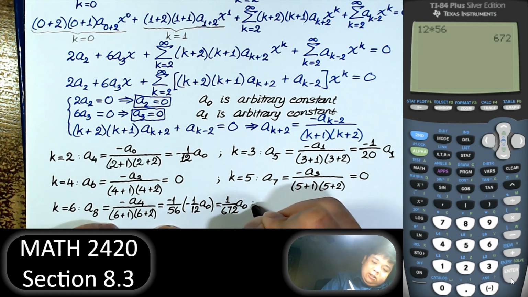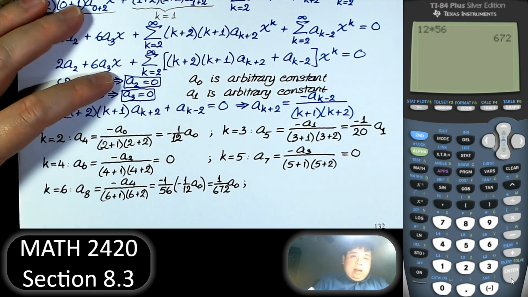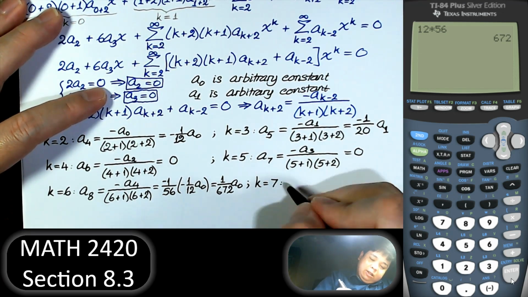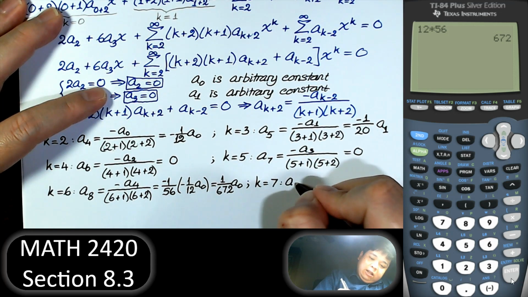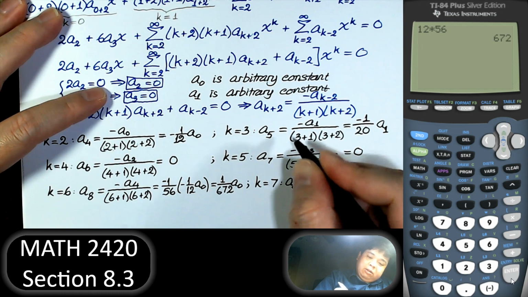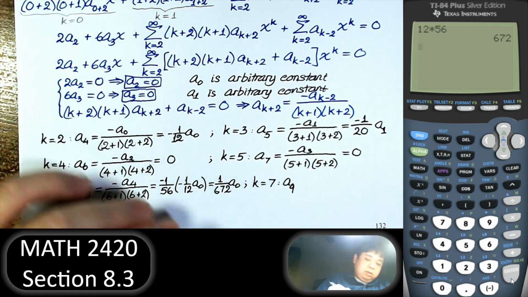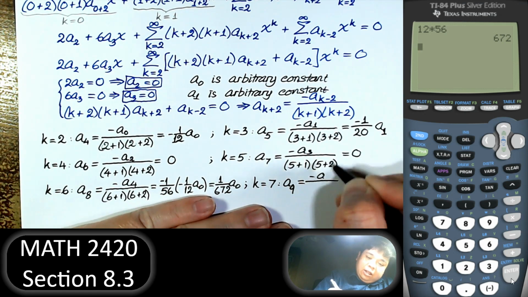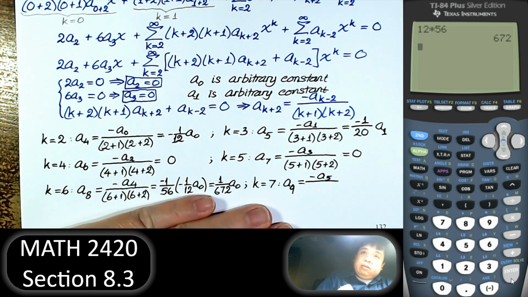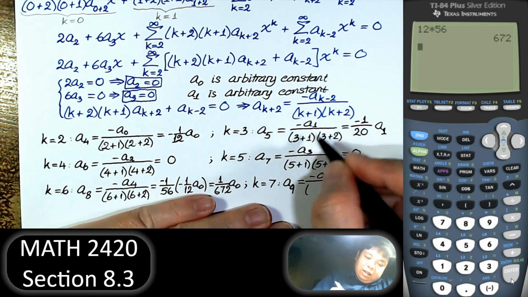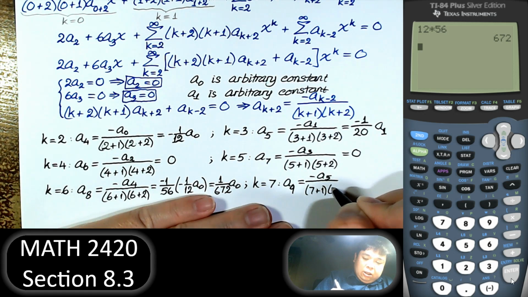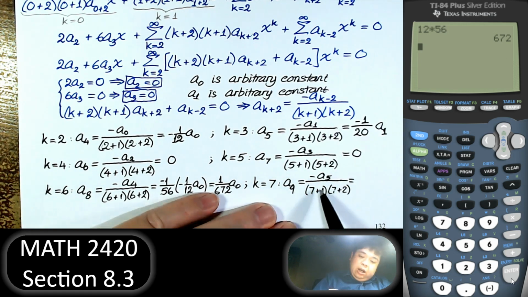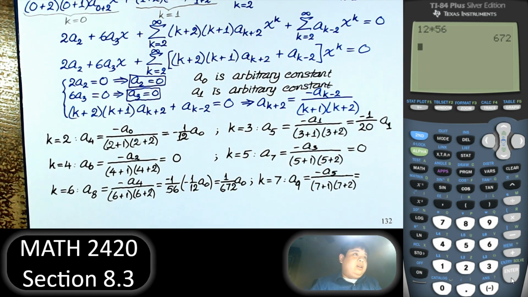A0. And then k equal to 7. A9 equal to negative 8, 7, so that's my negative A5, and then 7 plus 1, 7 plus 2. That is 8 times 9, 72.